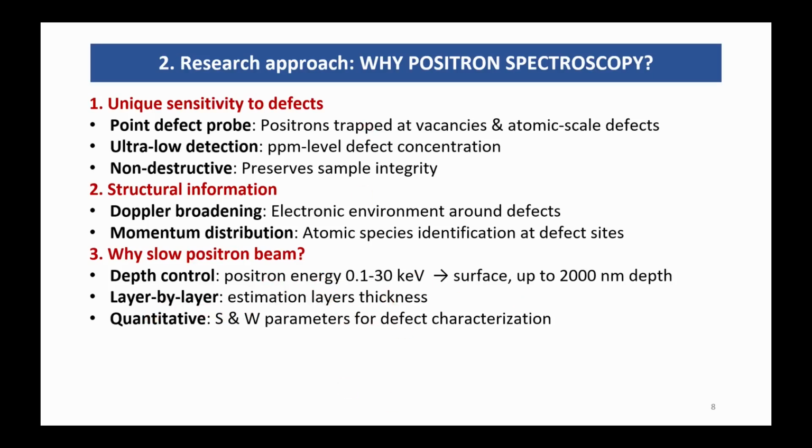For example, for a semiconductor with multiple layers, you can estimate which layer. And the last region is the quantitative one: two main parameters, S and W parameter, for defect characterization. I will talk briefly about this.